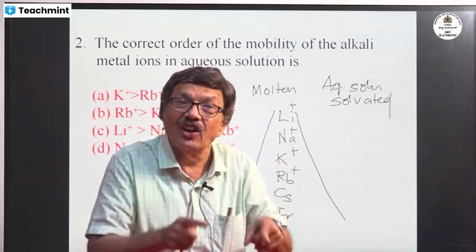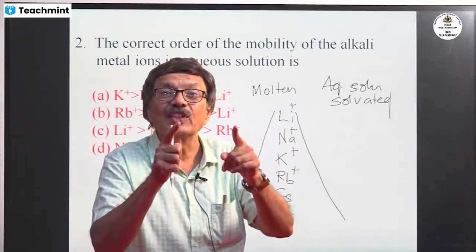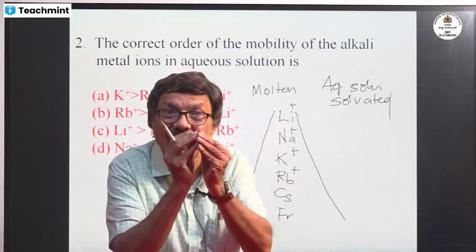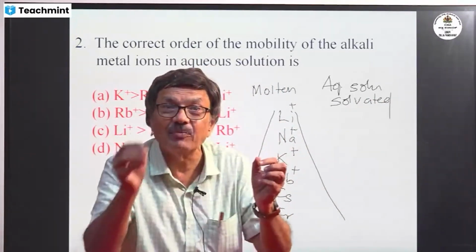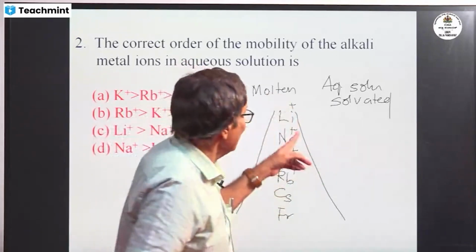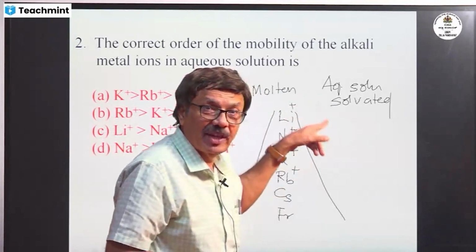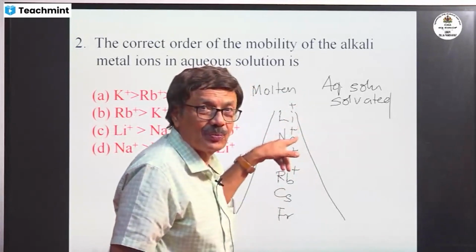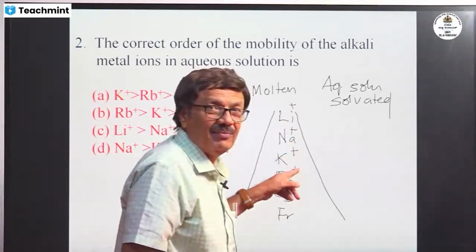Then all the ions are not solvated to the same extent. The smaller the ion, the larger is the number of water molecules attached to it. So in that way, lithium gets solvated to the maximum extent, sodium a little less, potassium a little less, then rubidium very less.